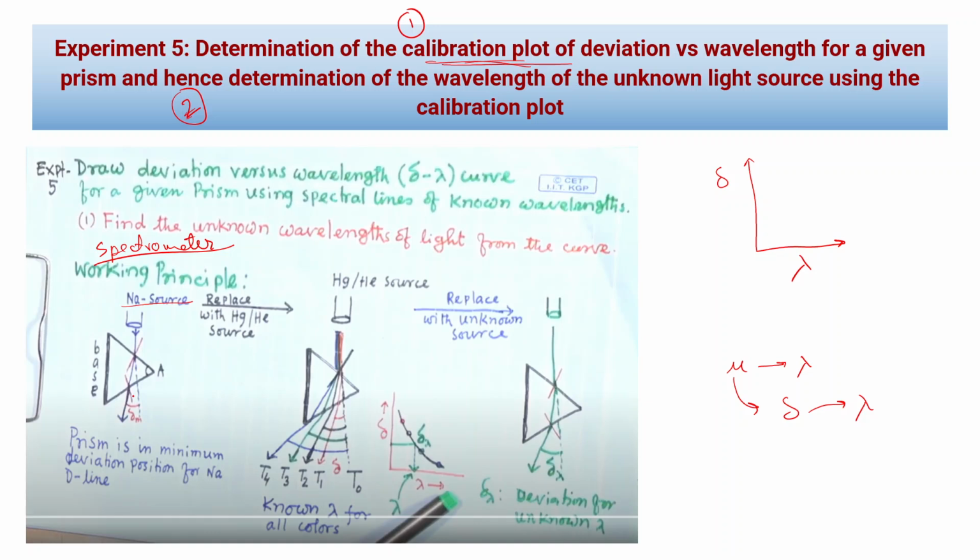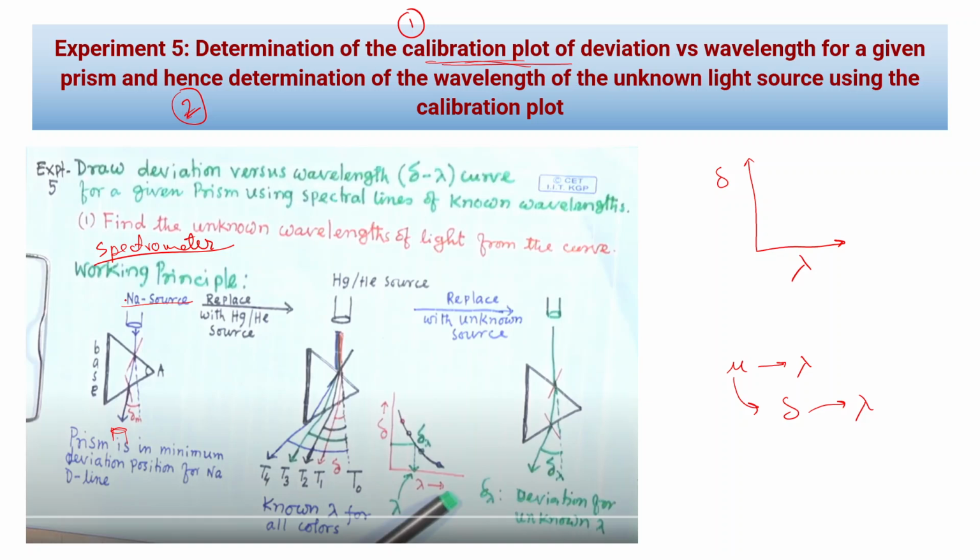When it is incident, it refracts and comes out, and we will see it here through the telescope. The first step is to keep the prism in the minimum deviation position, so that the sodium light we get on the other side is dispersed to the minimum.